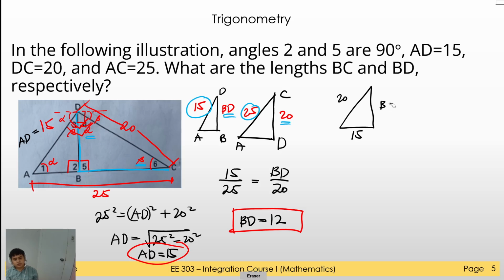To find BC, we can just solve with the Pythagorean theorem. Since this is a leg, BC is the square root of the hypotenuse squared minus the leg squared. Actually, this should be 12, sorry. So this should be 16.